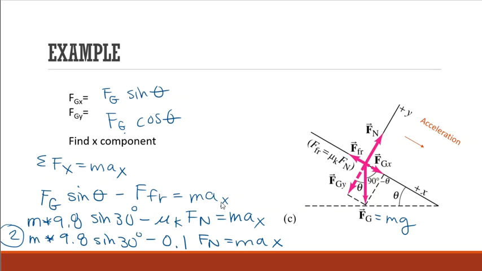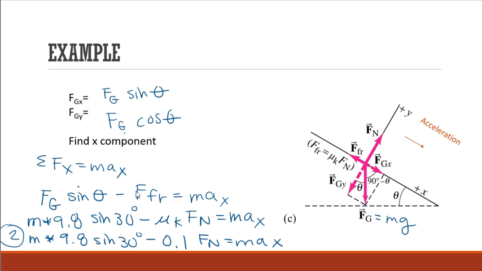Is there acceleration in the x direction? Yes, the skier is going down the incline. This is the x direction. So yes, there is acceleration in the x direction. So plug in all the numbers that you know. Mass times acceleration of gravity, sine of 30 degrees, minus mu k times normal force.